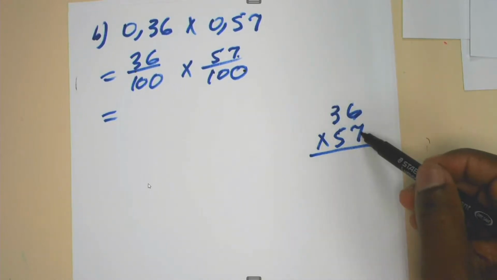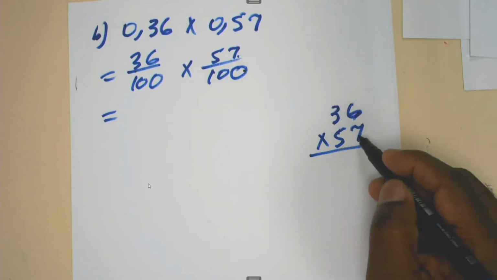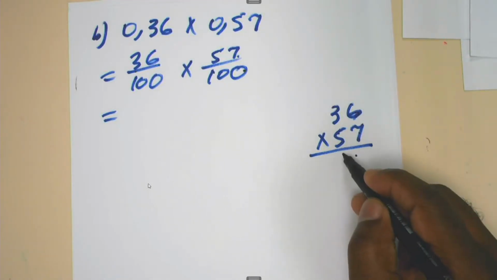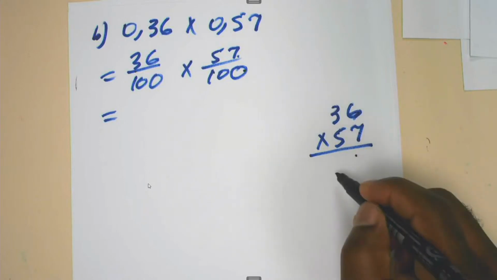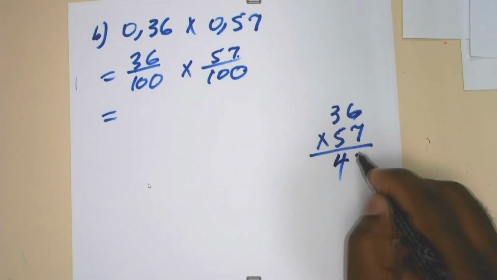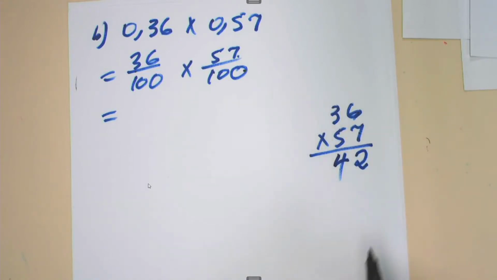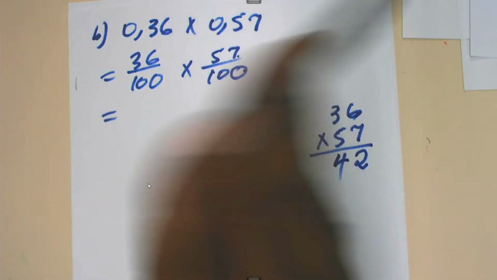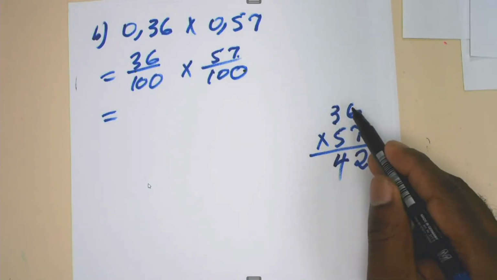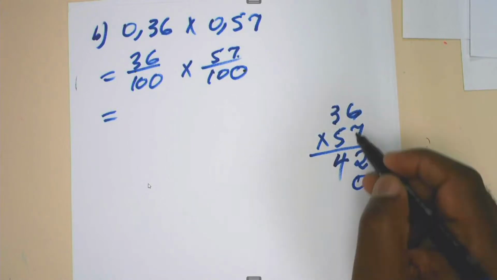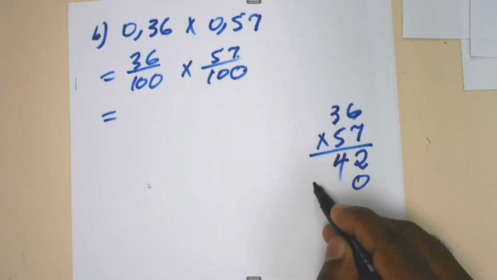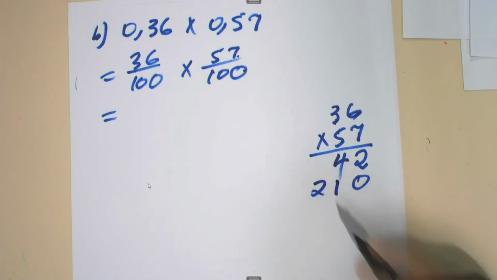Now 7 by 6, what do I have? 42. Now I'm becoming tired. 42, and I put it, I want to avoid this thing of carrying, I will forget. And then 7 by 30 is 210.